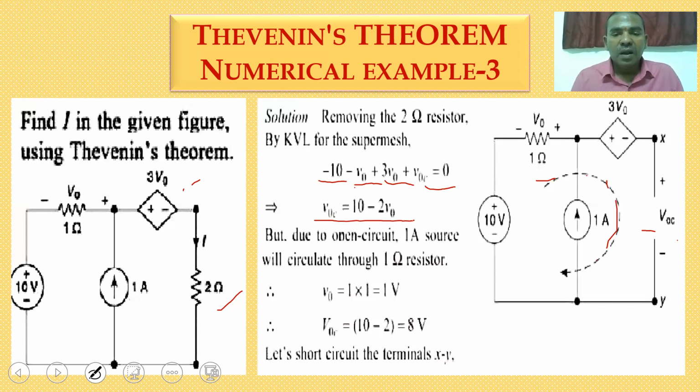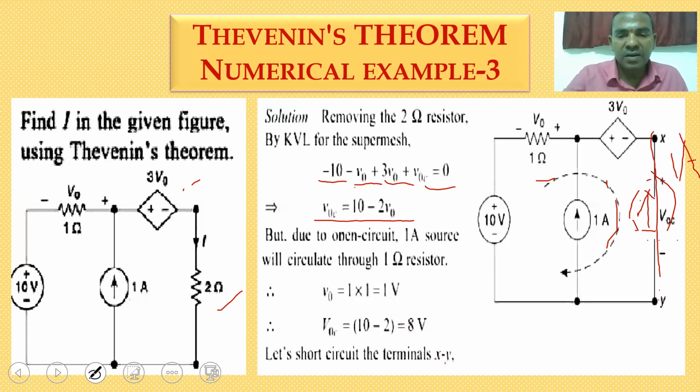Now this dependent source will be there, so you cannot directly calculate. That's why we are assuming between X and Y a 1 ampere current source. For this 1 ampere current source, what is V naught?